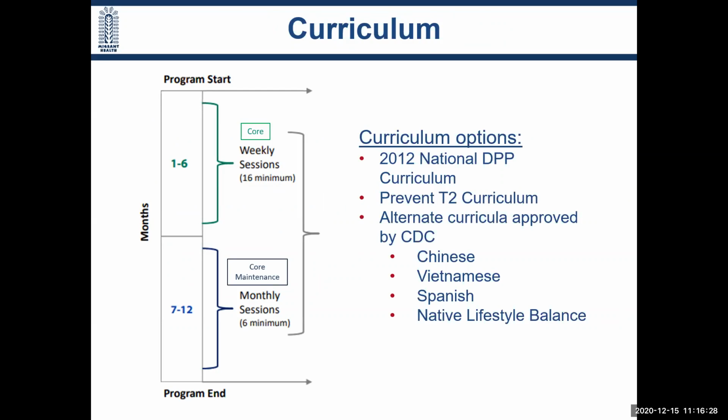I mentioned that a CDC approved curriculum is required for the diabetes prevention program. On the right here, there's the 2012 National DPP Curriculum and then the PreventT2 Curriculum. Those are really the main curricular options for the program. But there are alternate curricula that can be approved by the CDC.